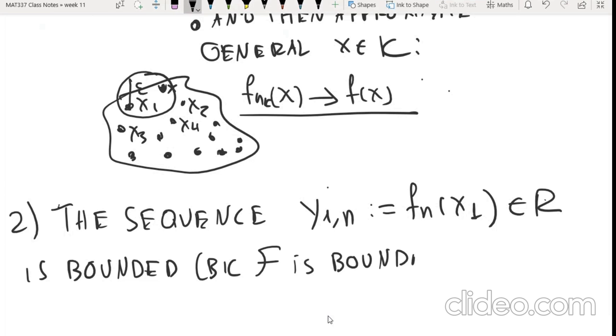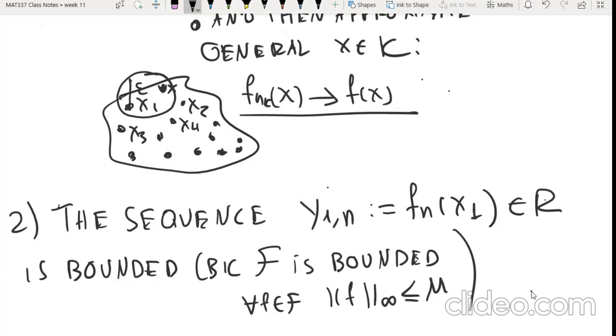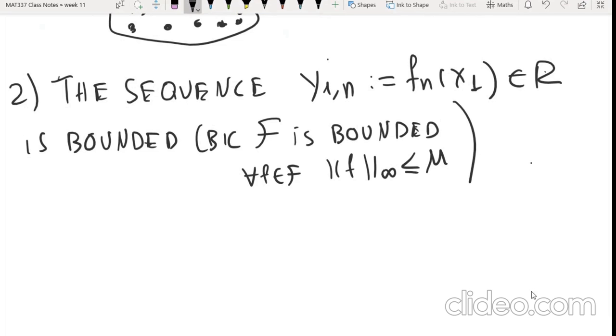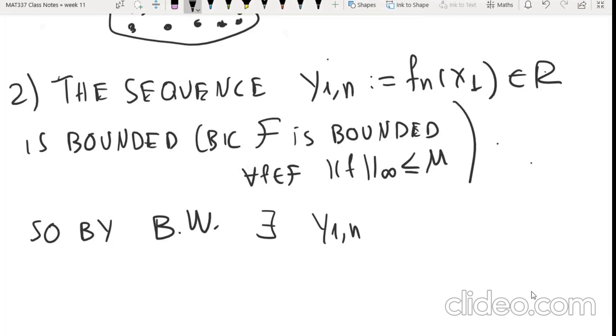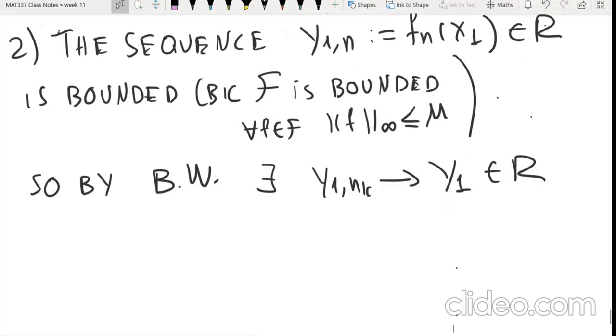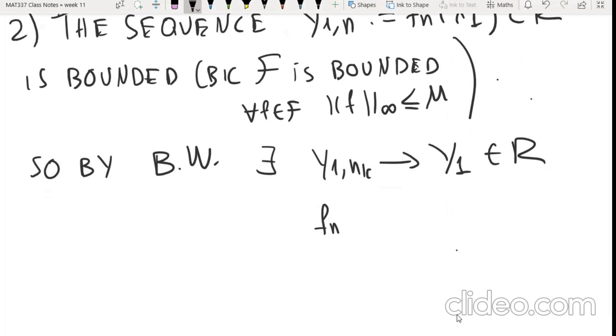We have the sup norm of f less than some M for all f in the family. Okay, that's good. So by Bolzano-Weierstrass, there exists y_{n_k} going to y1 in R. Okay, so we have a convergent subsequence: f_{n_k}(x1) goes to some limit, y1.